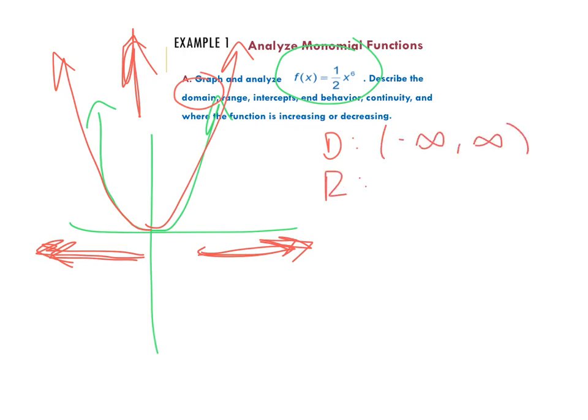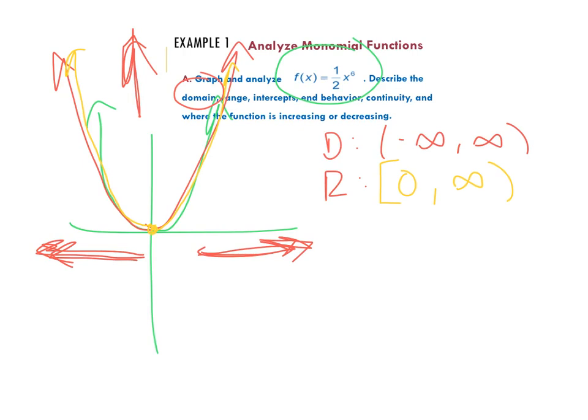Let's take a look at the range, and we'll switch colors here. The range is only the y values. If you look at my graph, my y values start here and go up forever. So it looks like my range values are going to be 0 to infinity. Now be careful. This graph is actually touching, so make sure you're using a square bracket.